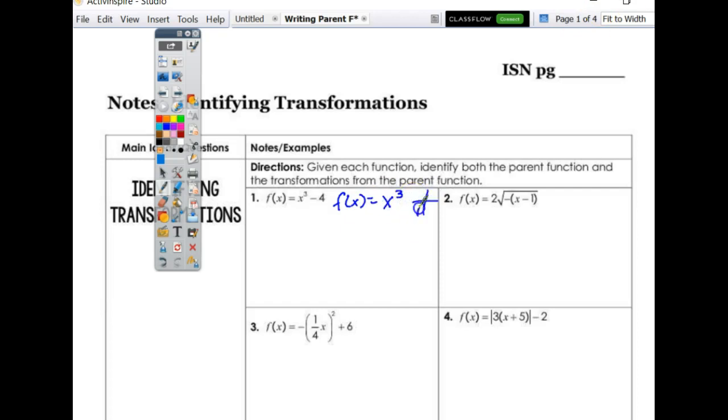And if you sketch that, this is what it looks like. So what's different between the parent function and this one? What's that going to do? Shift 4 down.